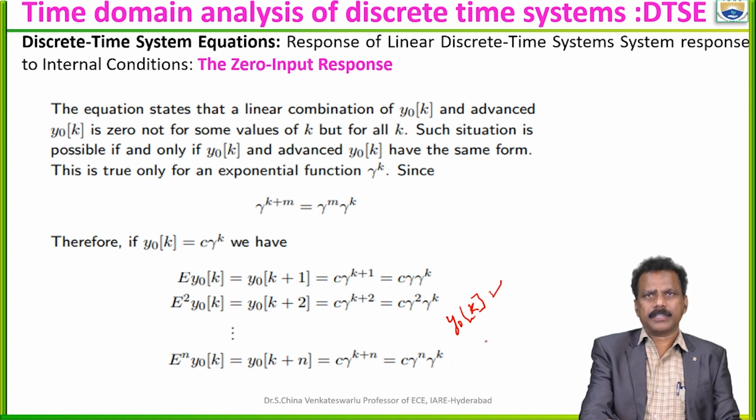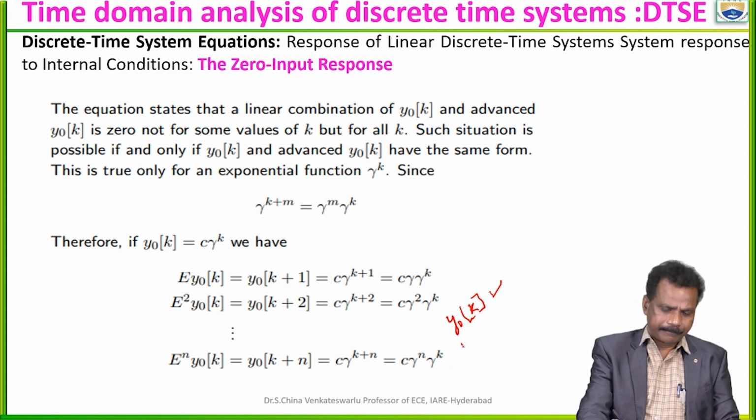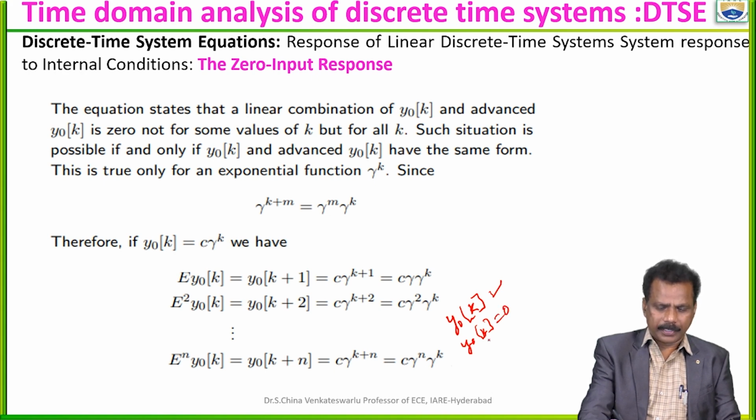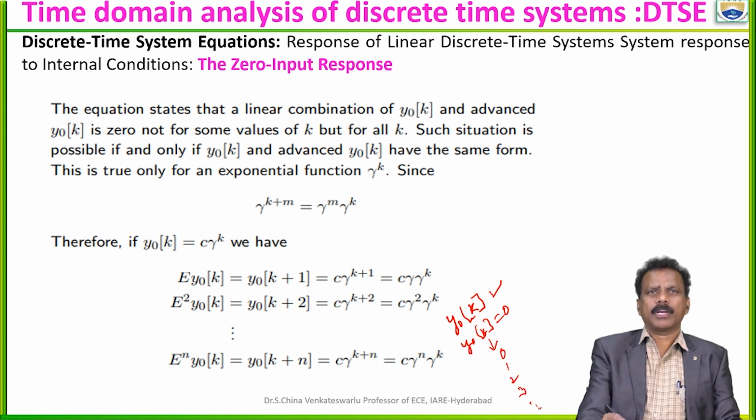The equation states that the linear combination of y naught of k and advanced y naught of k is 0, not for some values of k, where k is substituted as 0, 1, 2, 3 and so on, but for all k.